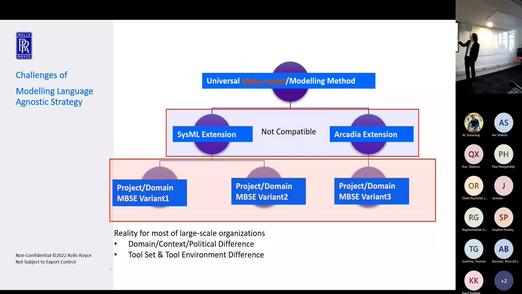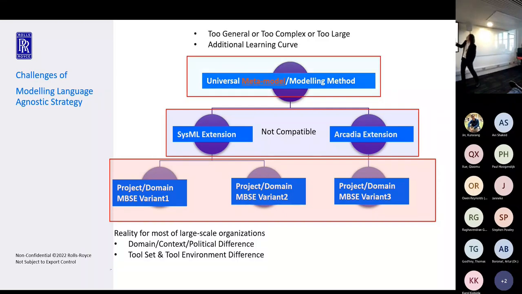The other problem is that once we're providing cross-project support, we find these two languages are not compatible with each other, and the concepts and richness are different as well. And when we define this top-level one, we face several issues too. You can easily define a very general idea that is not practical. It's too general, you can't expect anything.